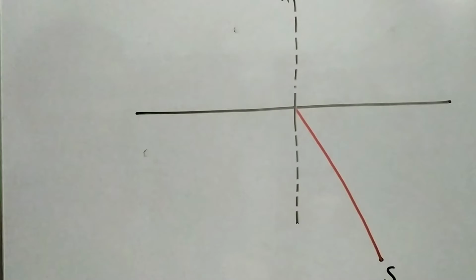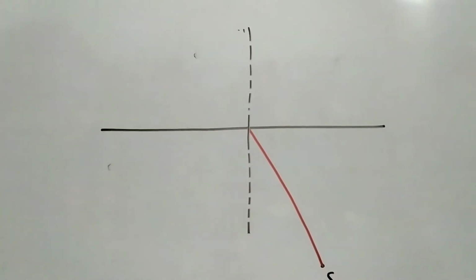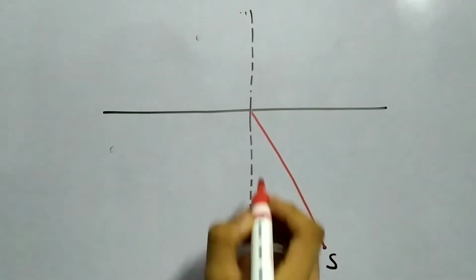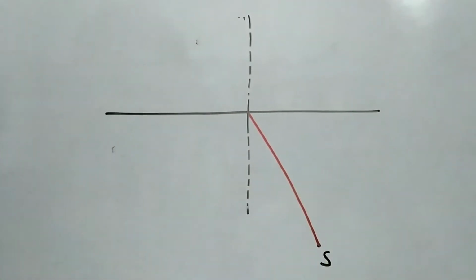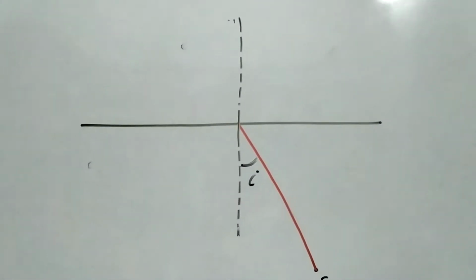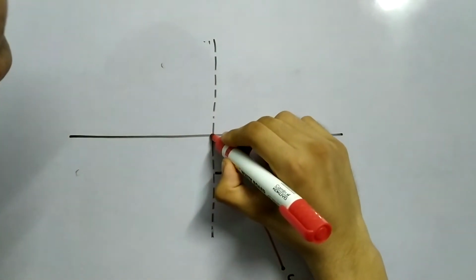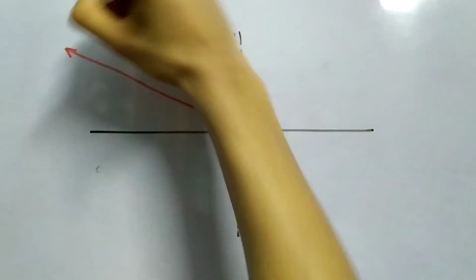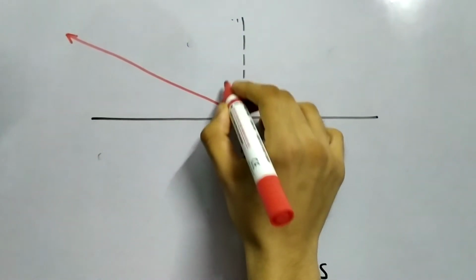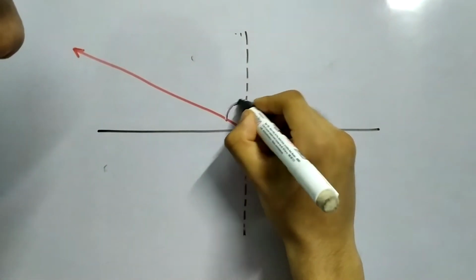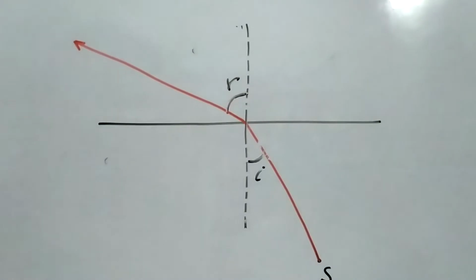Now what we noticed is that as our angle of incidence increased, our angle of refraction, that is this one, will bend away from the normal and also increased.